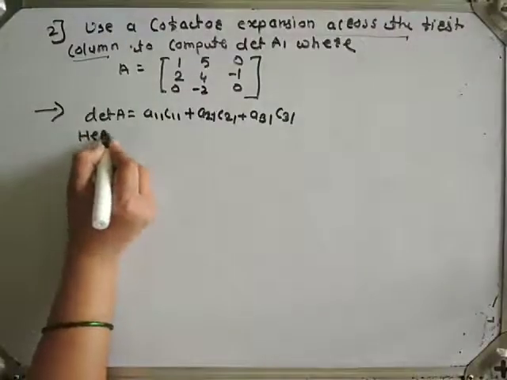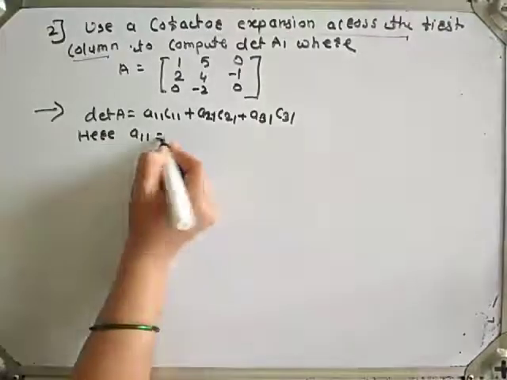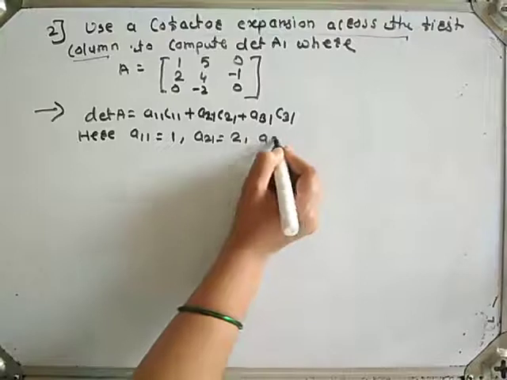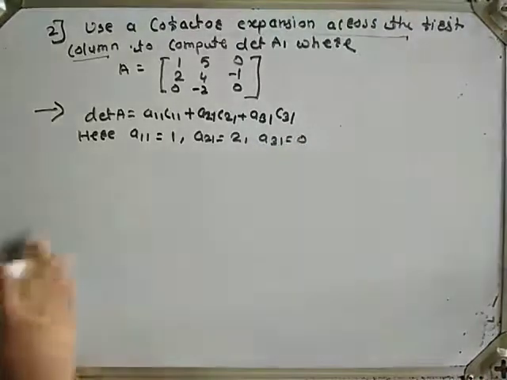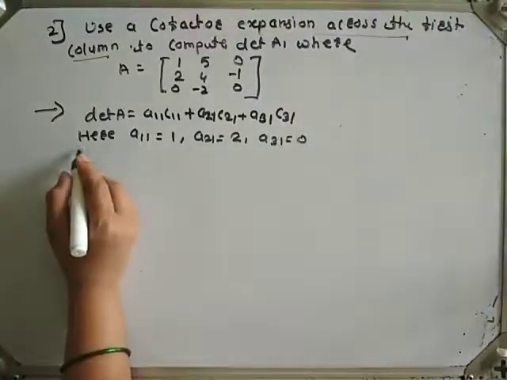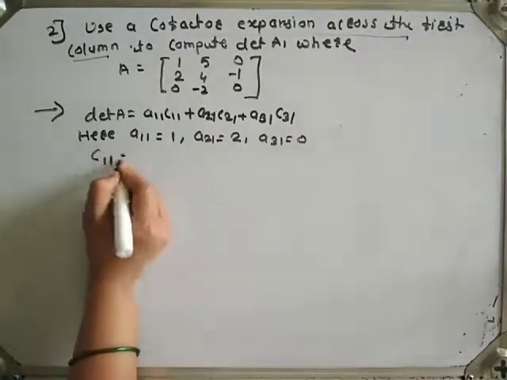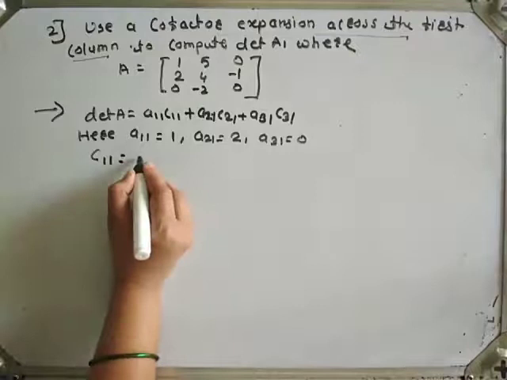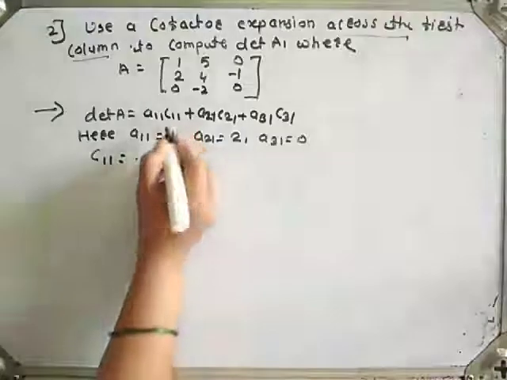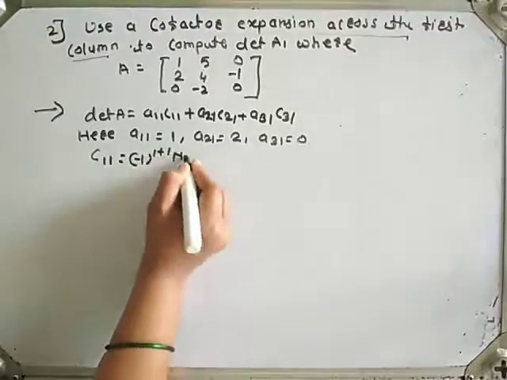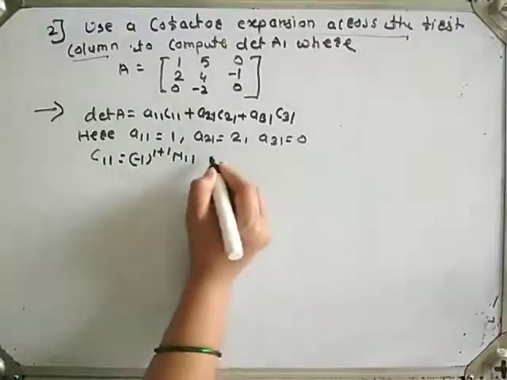Here A11 is 1, A21 is equal to 2 and A31 is equal to 0. C11 is equal to minus 1 raised to 1 plus 1 into M11.